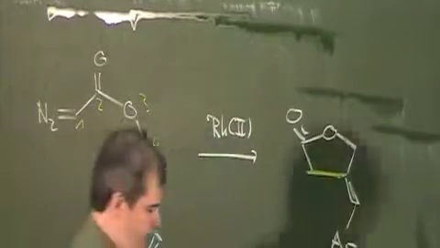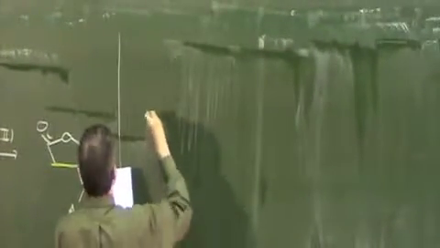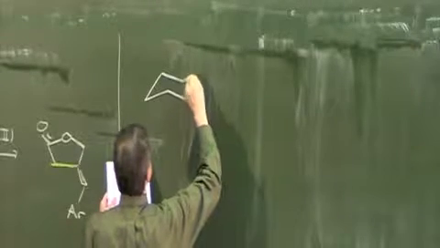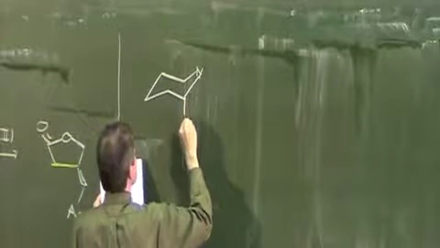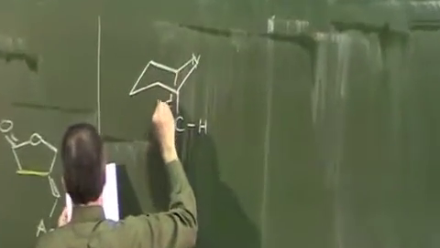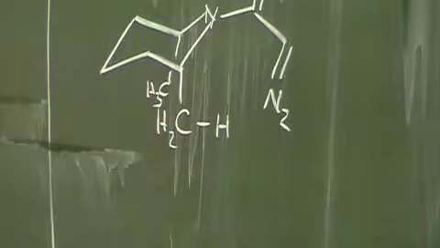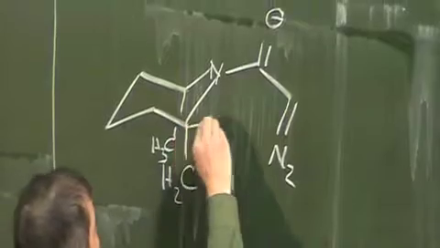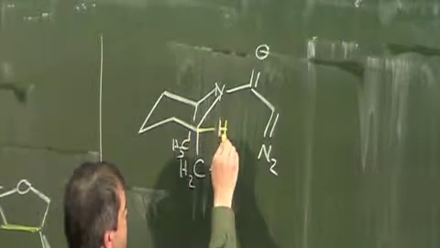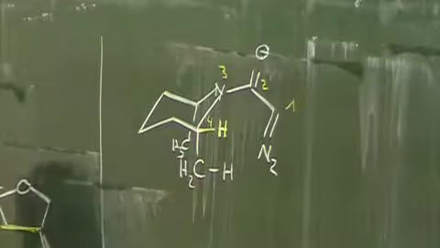And to give you an even more drastic example, this type of compound here, there are obviously some tertiary CH bonds here, which, however, would only form a 4-membered ring.